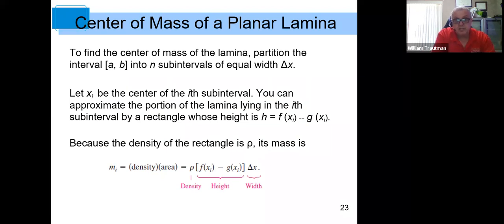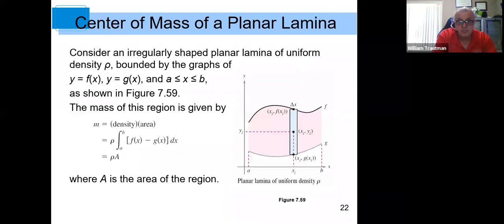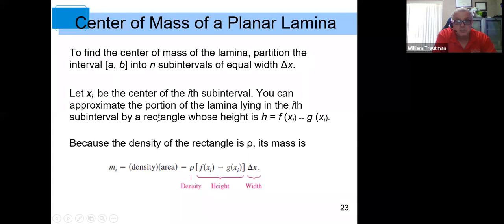This is like a rectangle, density times height times width. This is the one I would write down first.